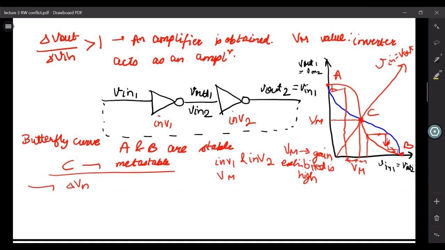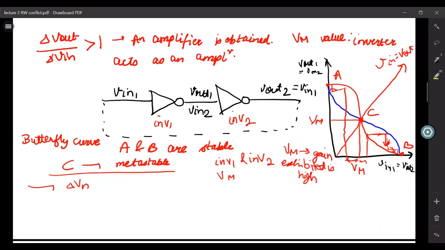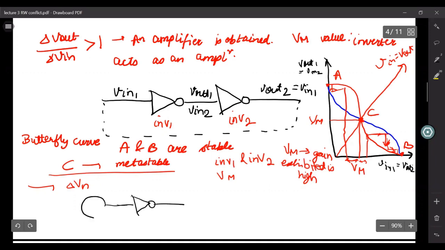Now, let us talk about what happens to a single inverter when there is noise at its input terminal. So let us draw this CMOS inverter over here. Let us say that there is a DC noise source, or it can be an offset, which is applied like this to its input terminal. The input is given by this, let's say this is your Vin. So what is the effective voltage at the input? Let's say the effective voltage is Vin dash.